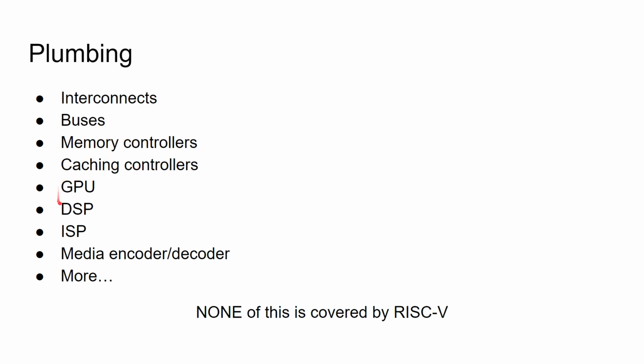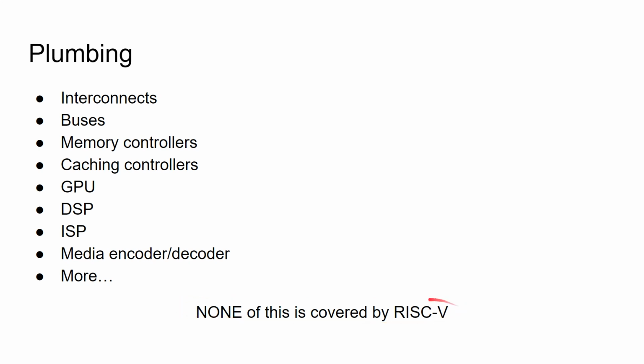And then of course, if you include things like a GPU or a DSP or an ISP or media decoding and encoding, these all need to talk to the CPU over these controllers and buses and interconnects, and they need to do it efficiently, and in a power efficient way. And none of this is covered by RISC-V.